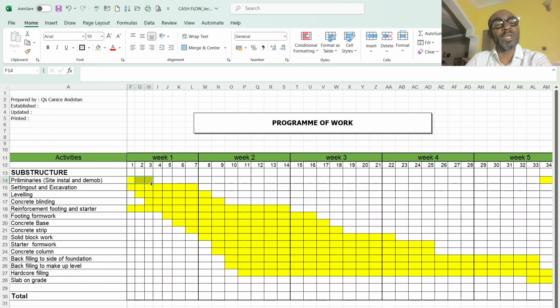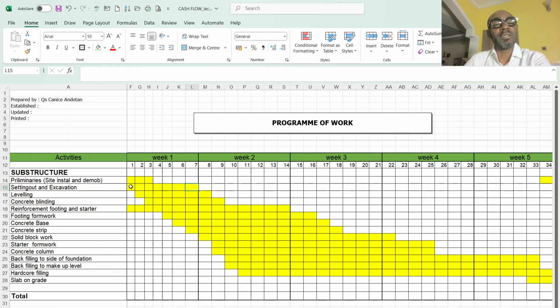I have 3 days to install my offices, my plant, and make sure that the site kickstarts. Then, because the job is on fast lane, setting out and excavation will start immediately, and it's going to run for 7 days.